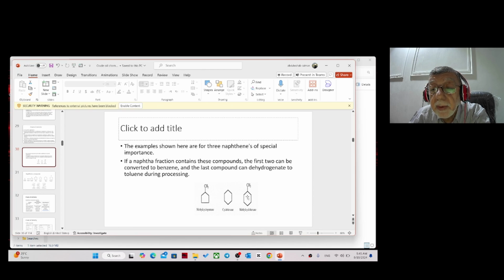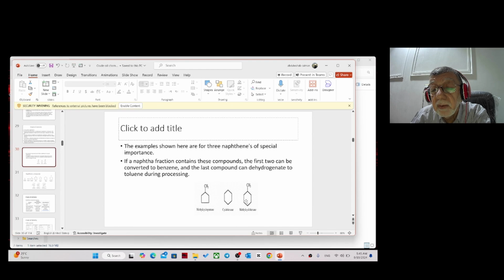How are they converted to benzene? By dehydrogenation. It becomes, there is a double bond here when hydrogen is removed, because here we have C6H12. When 6 atoms of hydrogen are removed, it becomes C6H6.